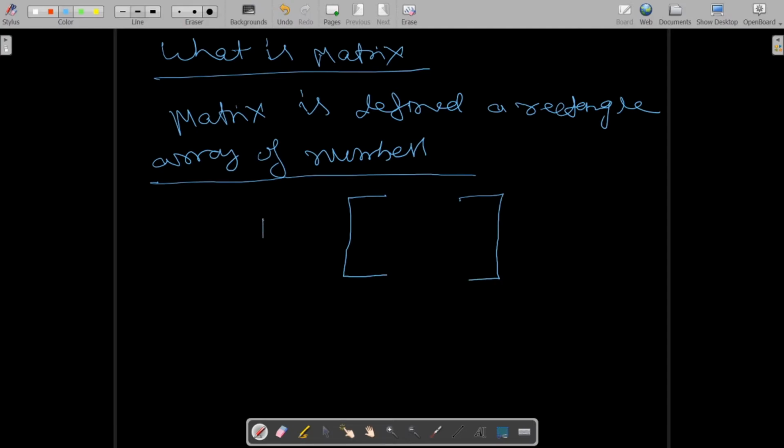So let's take one matrix A and we have contents like, let's suppose, 2 1 4, 1 3 2, 0 1 2.